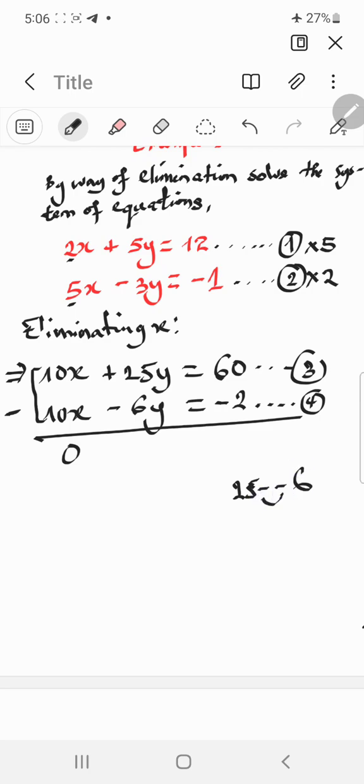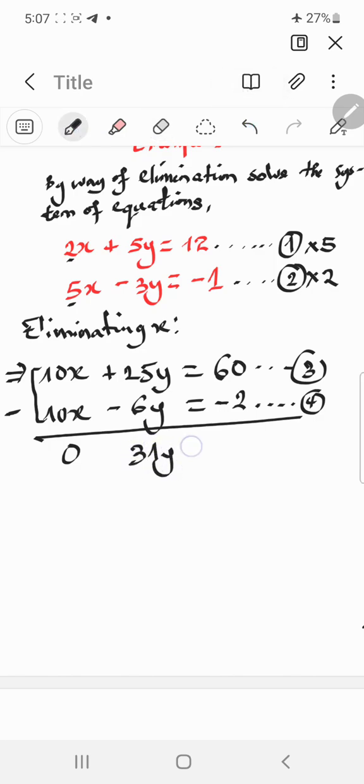This minus and this minus combine to give us plus. So what we actually have here is 25 plus 6, and 25 plus 6 is 31, of course. So we found that to be 31y.